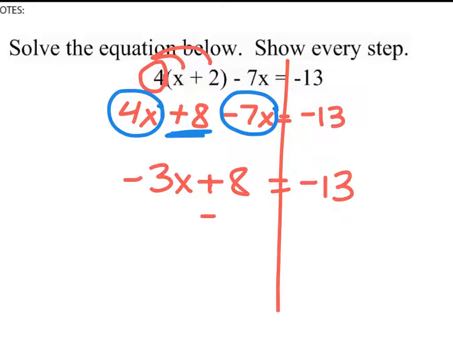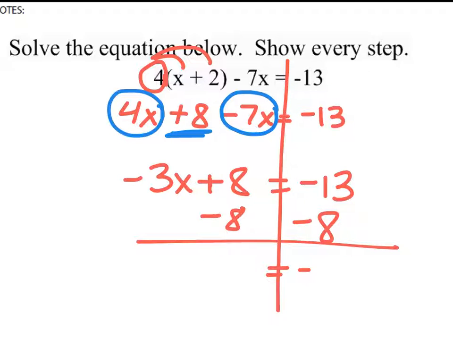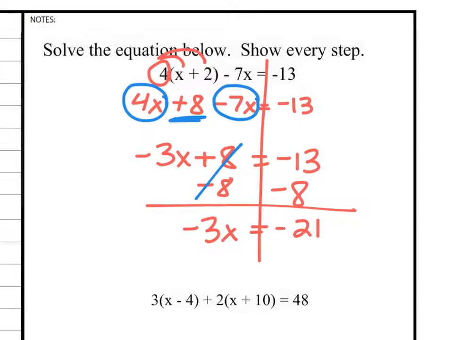Undo your addition. The 8 went away, but I still have negative 3x, and then I divide by negative 3. What's a negative divided by a negative? Positive. So it's x equals positive 7.